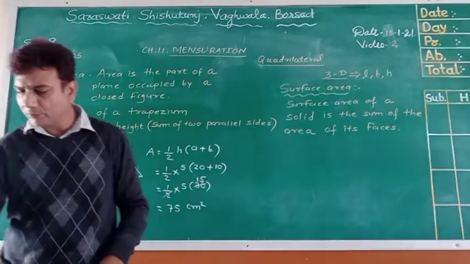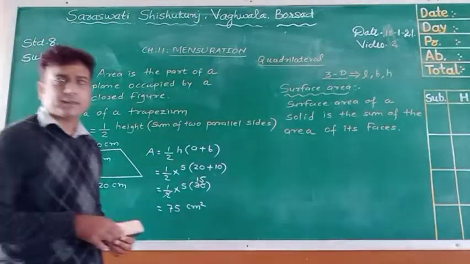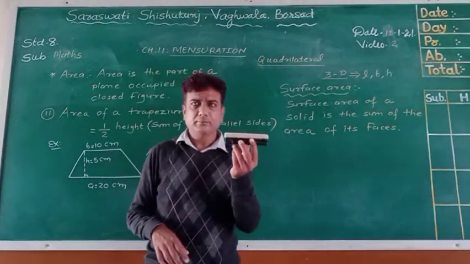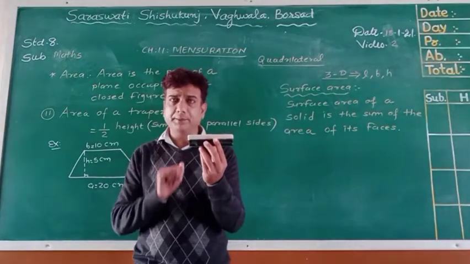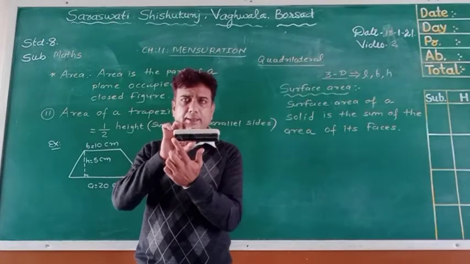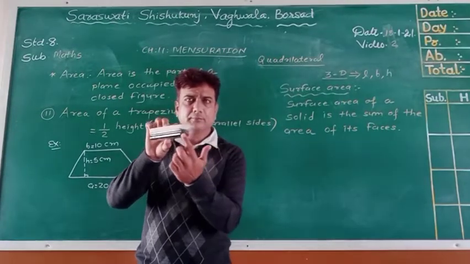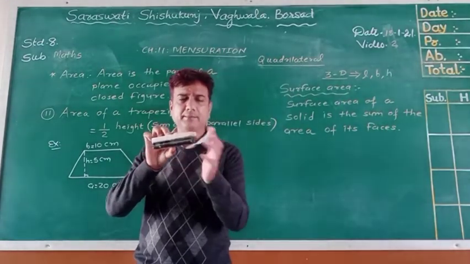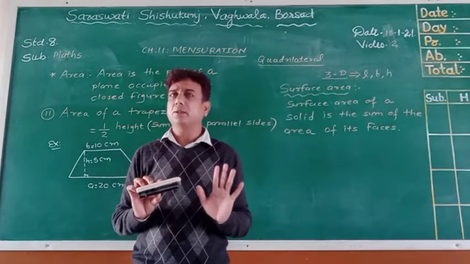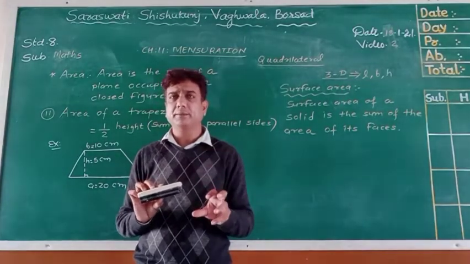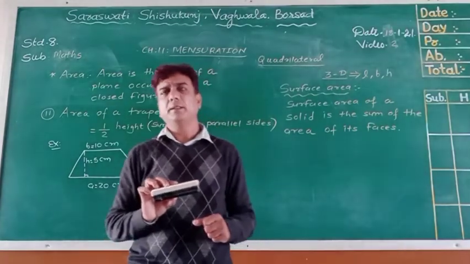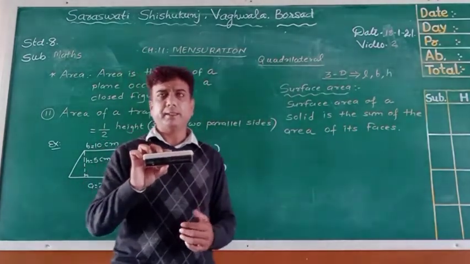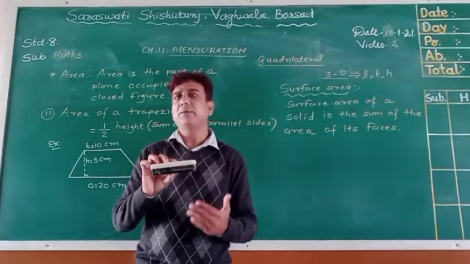See, let's say one object, this duster, is a 3D figure, a 3D object. Why? Because it has this length, this breadth and this height. So it is a solid shape, meaning a 3D shape, with three dimensions. In this figure it has 6 surfaces.